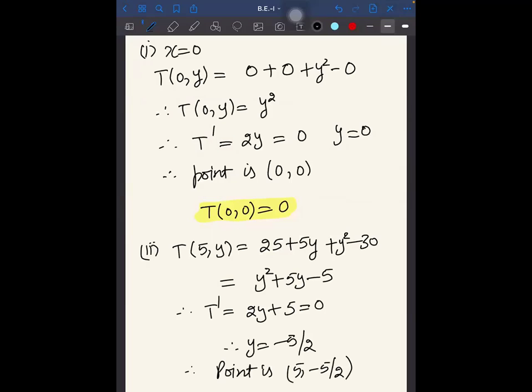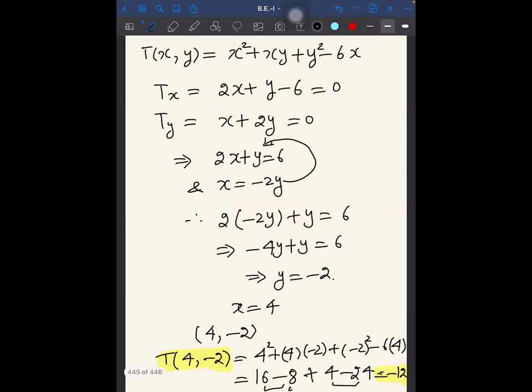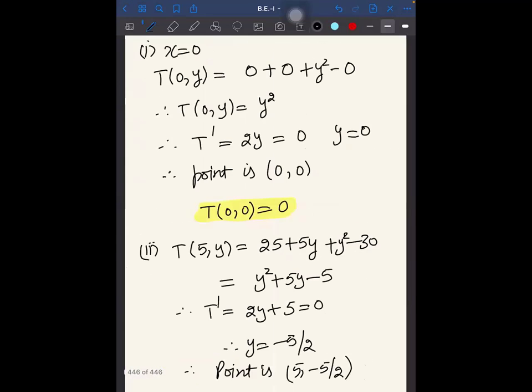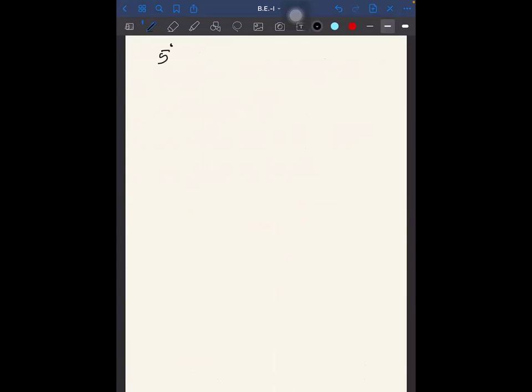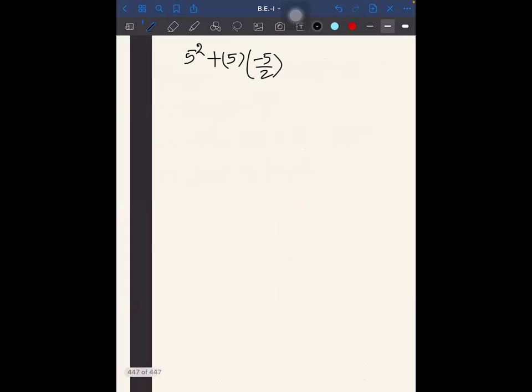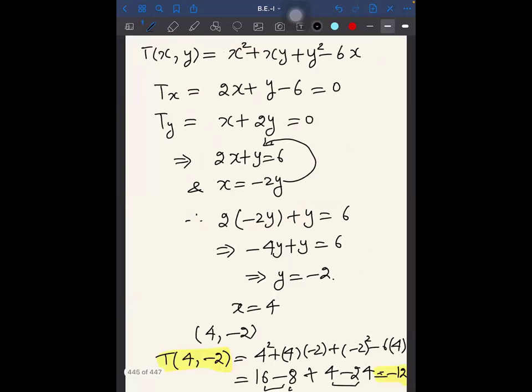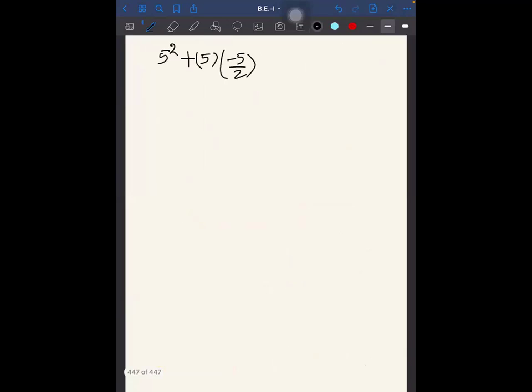Right, so if you put those values over here, 5 and minus 5 by 2, so 5 square plus 5 into minus 5 by 2, and then plus y square, minus 5 by 2 whole square, minus 6x, that means 5. True?